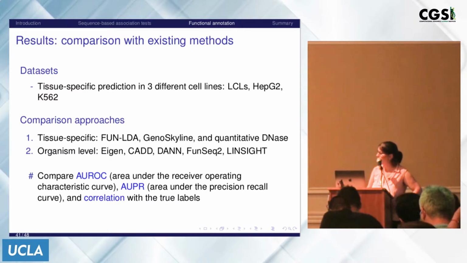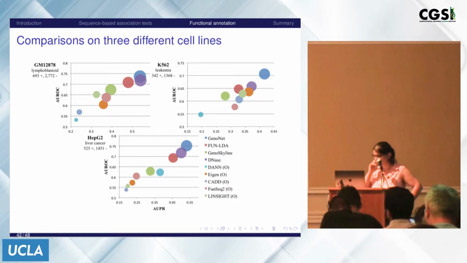So we compared with respect to AUROC, the area under the receiver operating curve, AUPR, the area under the precision recall curve, and also in terms of correlation between the predicted labels and the true labels. So these are the results for the 3 different cell lines.